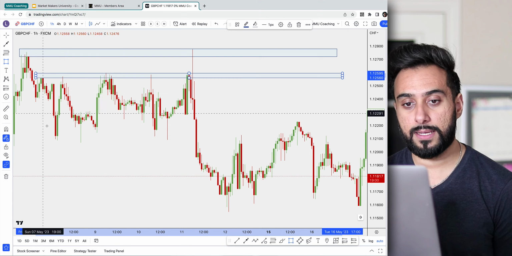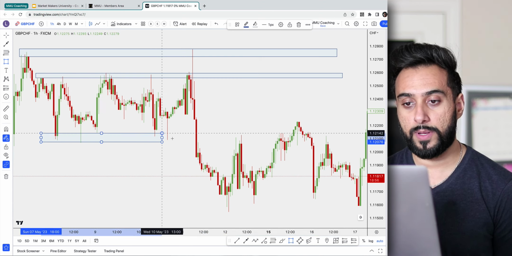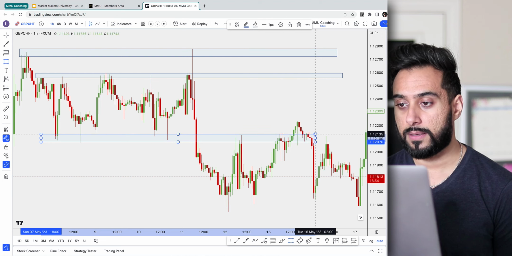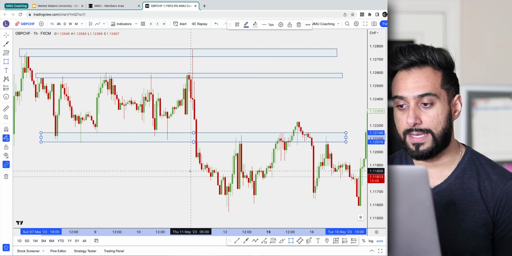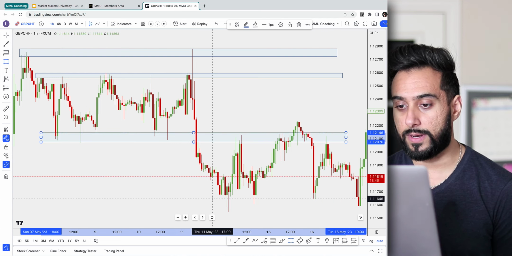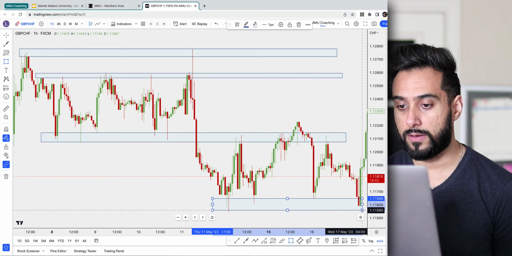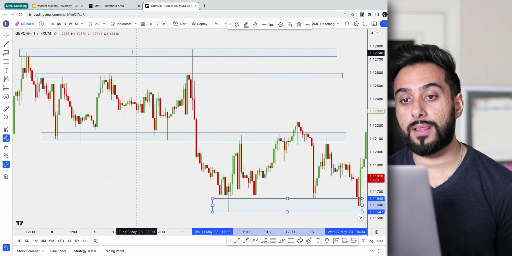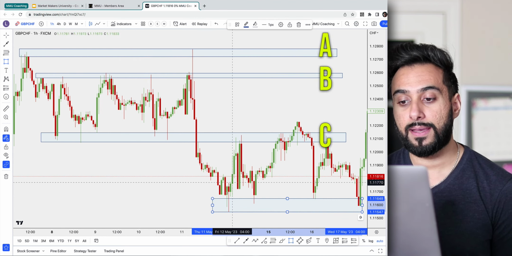The next cleanest zone I see would be right here. And the next cleanest zone I see would be right here. Now I'm going to label these A, B, C, and D.